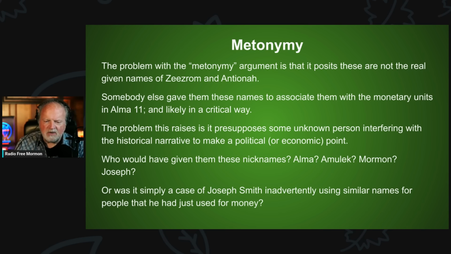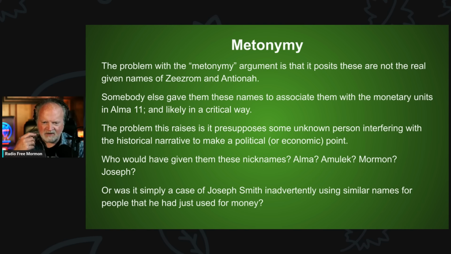So here are my thoughts about that. And I've heard this argument before, even back when I was an apologist. It made me uncomfortable, and here's why. The problem with the metonymy argument is that it posits these are not the real given names of Zeezrom and Antiona. In other words, these are not the names their parents gave them when they were born. It wasn't Zeezrom. It wasn't Antiona.